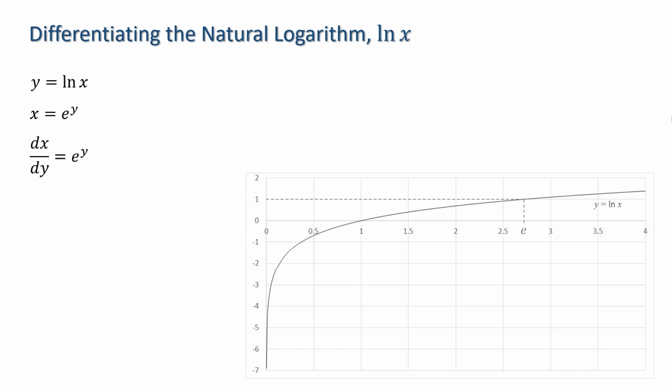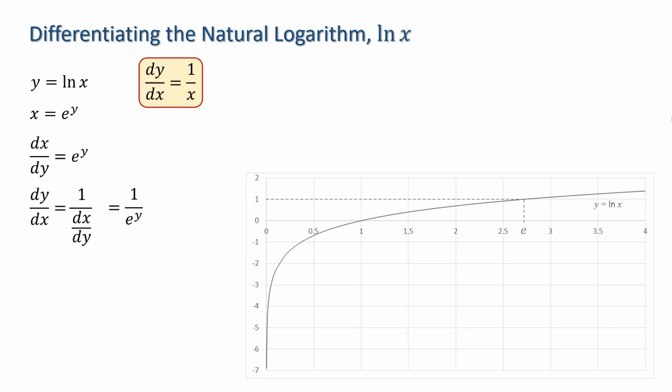Now we can apply a standard result from calculus that dy by dx equals 1 over dx by dy. This result is straightforward to prove from first principles, but I'm not going to do that here. This means that dy by dx equals 1 over e to the y, and we know that x equals e to the y. Thus, dy by dx equals 1 over x.